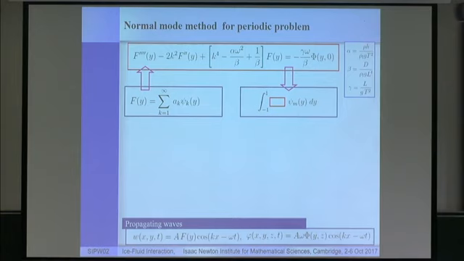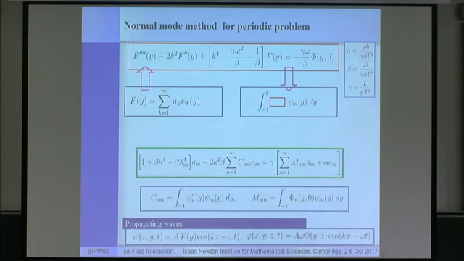And substituting this expansion into our equation, and after integration according to the orthogonality condition, we obtain an equation in the matrix form, and we have two matrices. In this matrix, each term can be analytically found and presented, and the other one is like an added mass matrix, because it is a connection between the hydrodynamic part and the elastic part.